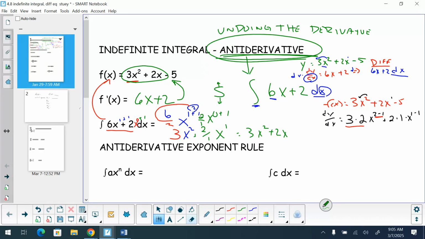We have to have other conditions to make the constant appear. And we don't have those conditions right now. Eventually we'll be able to solve for that constant. But we don't have conditions to be able to solve for the constant. So the only thing that we can do here is put a plus c in.